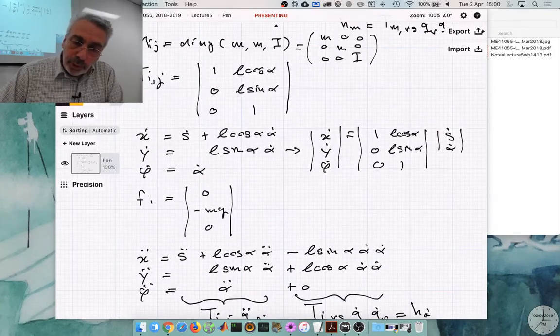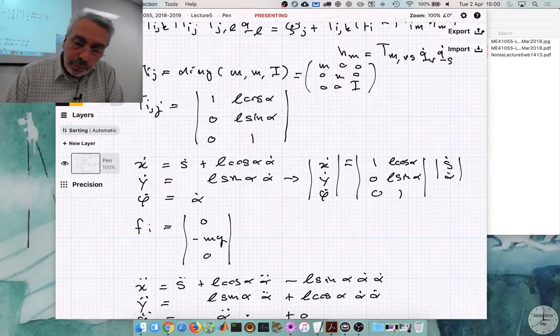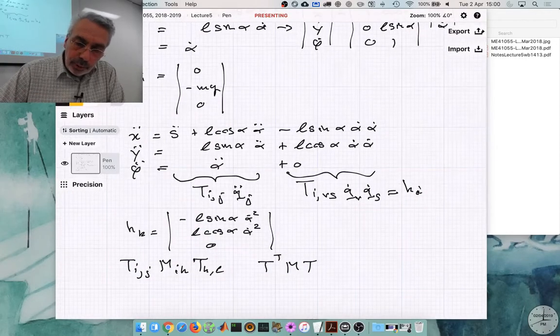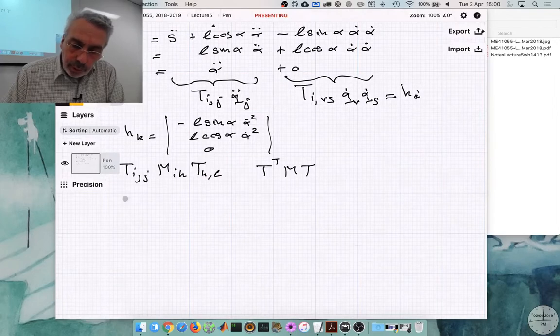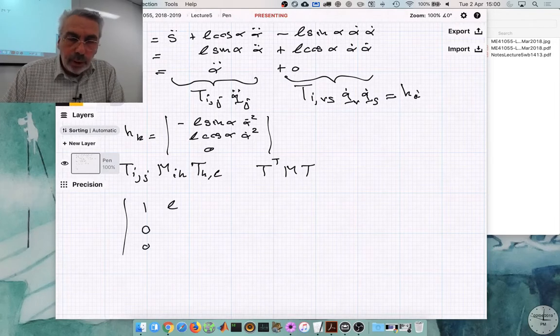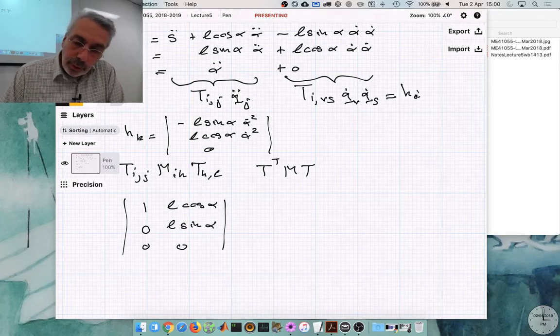Now we have to copy the T stuff, right? That's sort of easy. I can sort of remember that. It's a 1, 0, 0. The first was the L cosine alpha, right? The second was L sine alpha, and then 0. Then we have to take the transpose of the matrix.